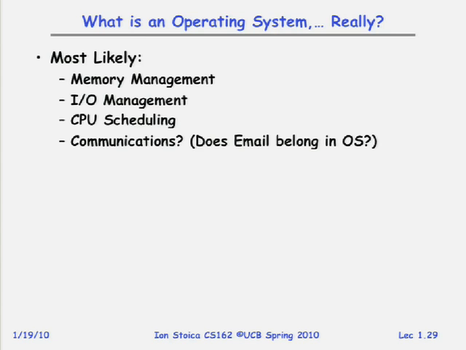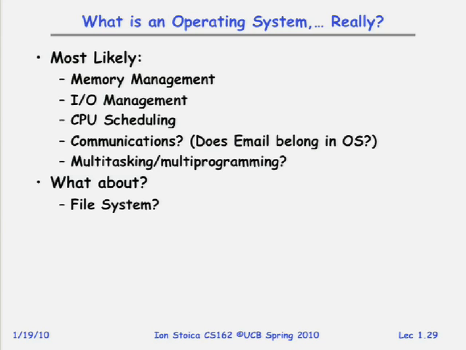So when we say communications, there are different layers in the protocol stack, all the way from the physical layer to the application. Email is an application. Usually it does not belong to the OS. Multitasking, multiprogramming. How about the file system? Does it belong to an operating system or not? Yes, good. Multimedia support.